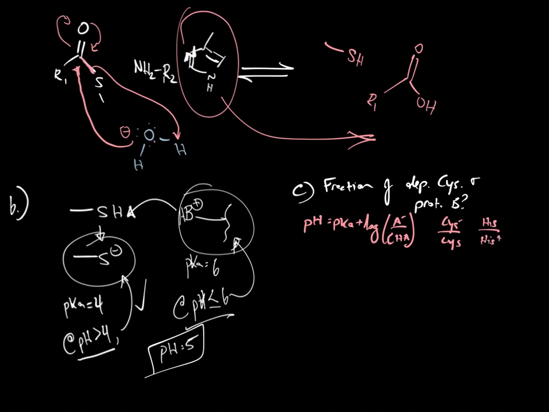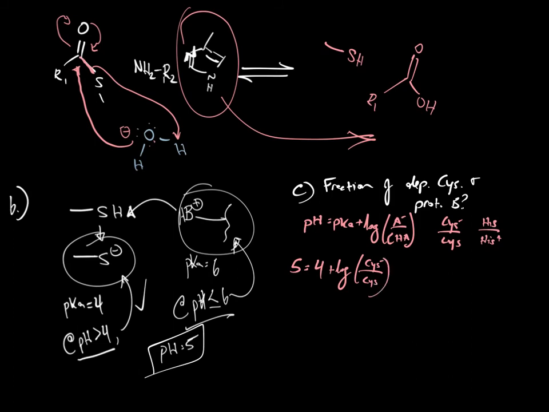So the conjugate base over the original, right? So for the cysteine, we know that the optimum pH is 5, right? So 5. We know the pKa is 4 plus the log of cysteine negative over cysteine.